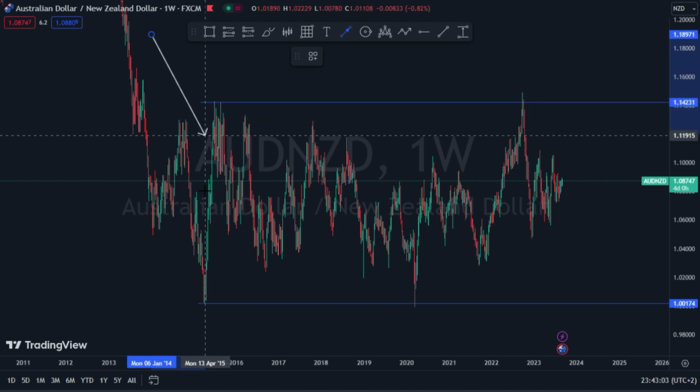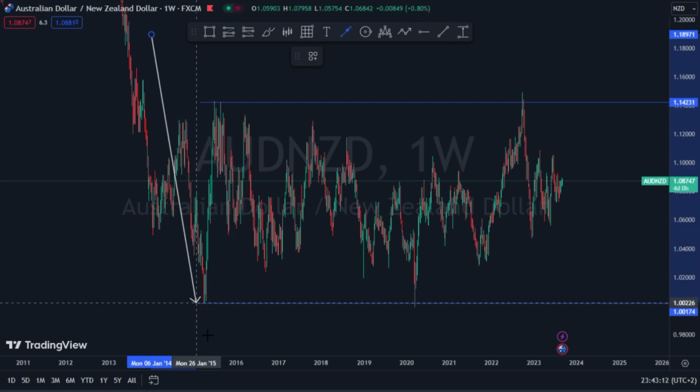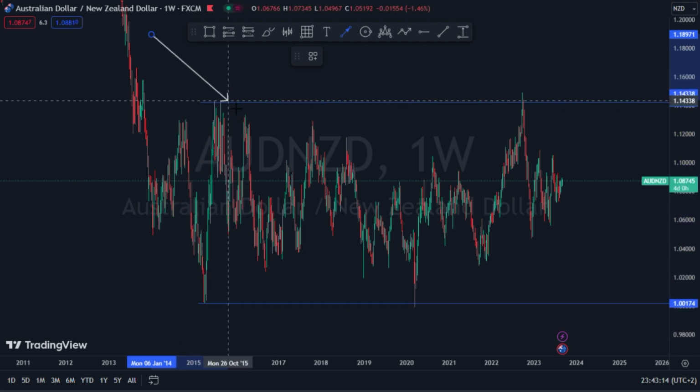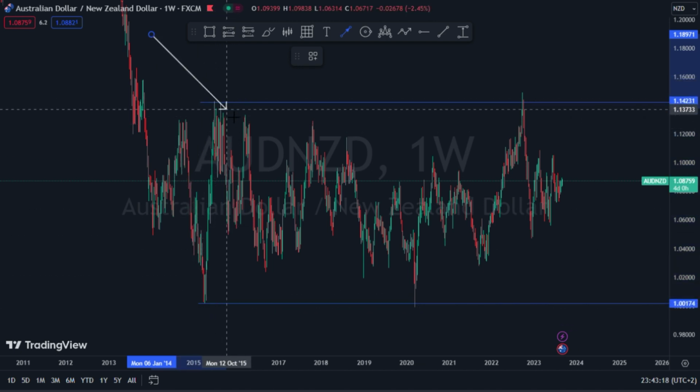So now we have a supply and we have a demand, right? Which simply means there is the support and the resistance level, right? So this is the support level, this is our resistance level, right?